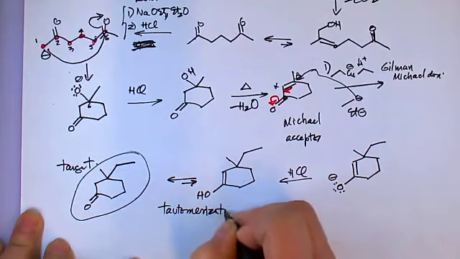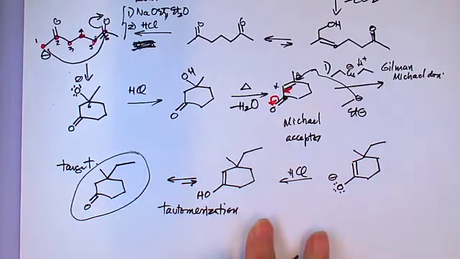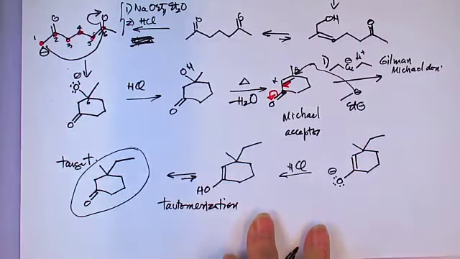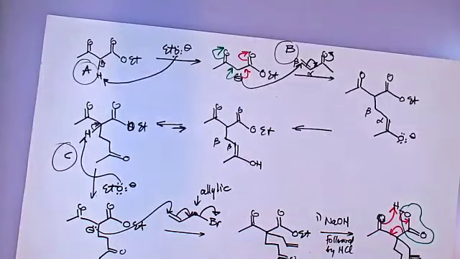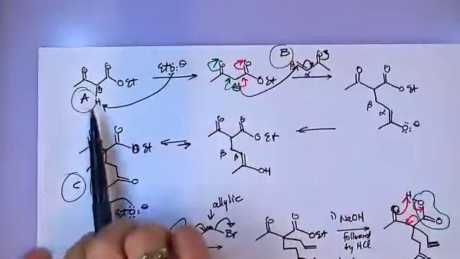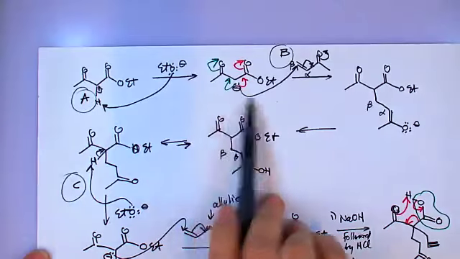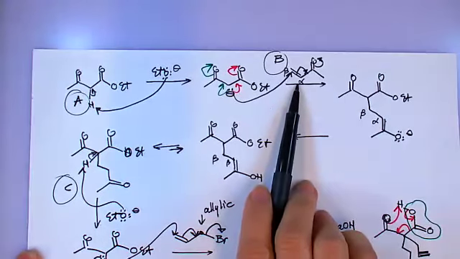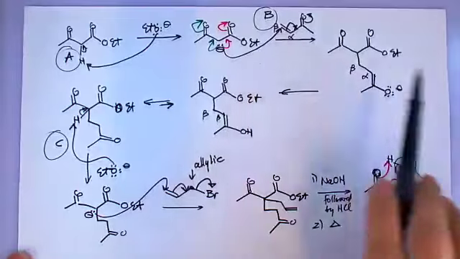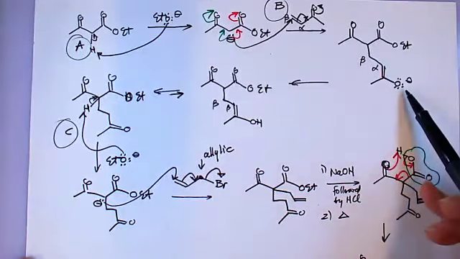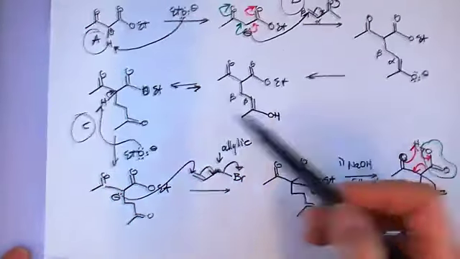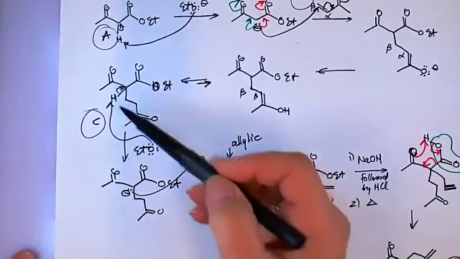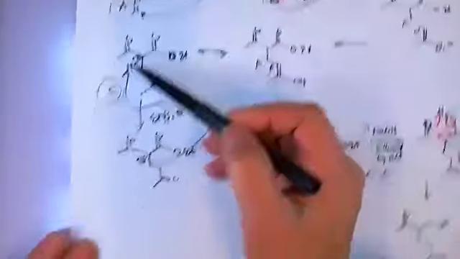Okay, so I have used 2 pages to explain that one. Let's do a recap. The first step was forming a Michael donor, a Michael attack, or conjugate addition. This product is the enolate, and upon acidic workup this is the enol, which becomes the ketone form. We have another acidic hydrogen.